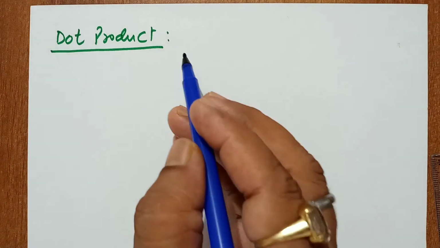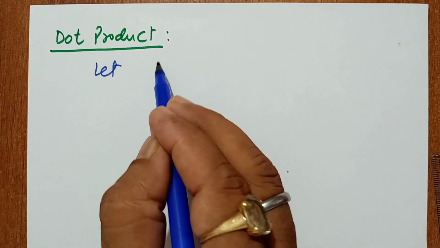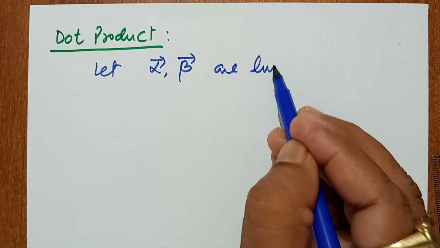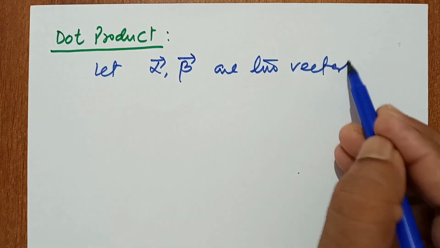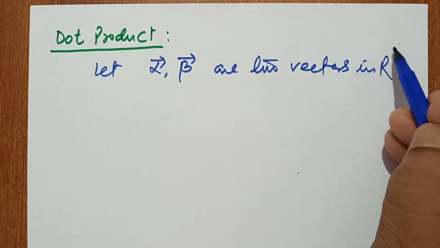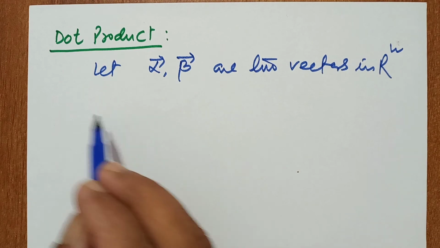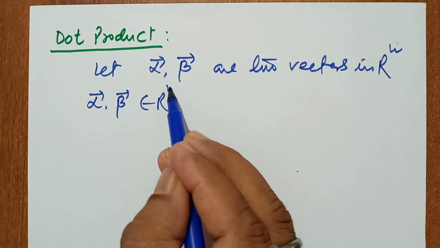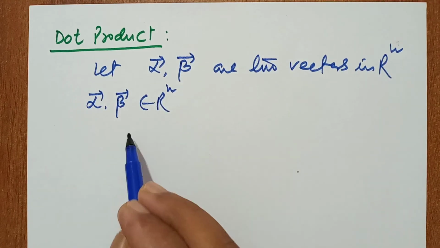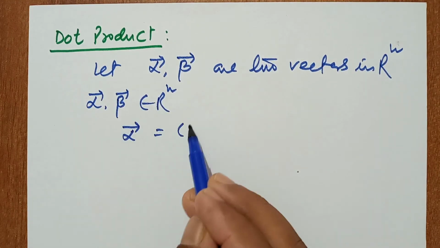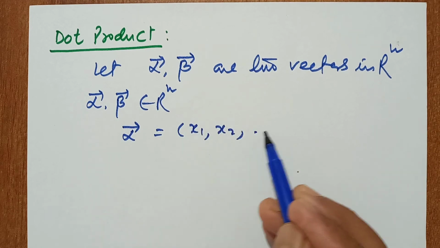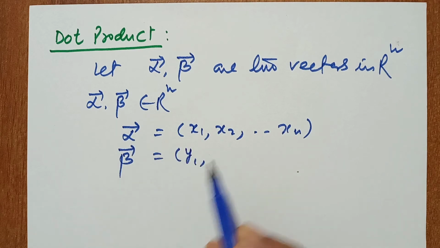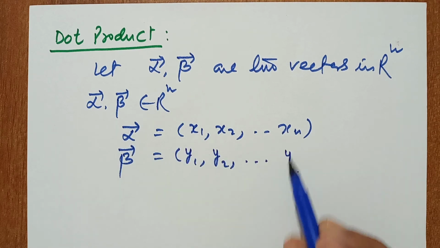Let alpha and beta be two vectors in Rn, so alpha equals x1, x2 up to xn and beta equals y1, y2 up to yn.